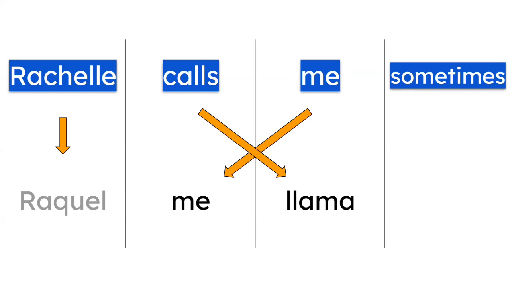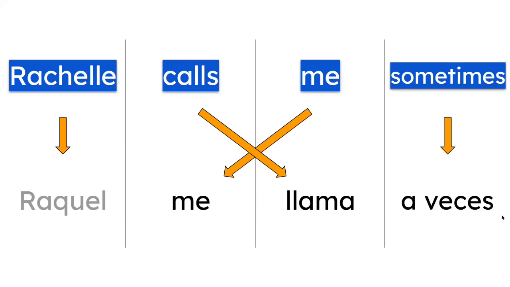It might take you a bit of time to get used to this order of words, but that's what we do when we speak Spanish. So Raquel me llama. And sometimes is a veces.